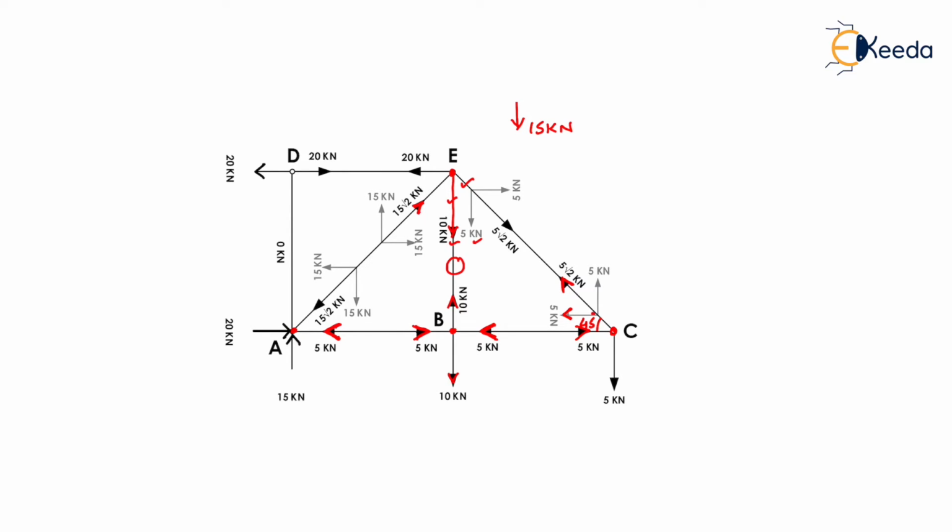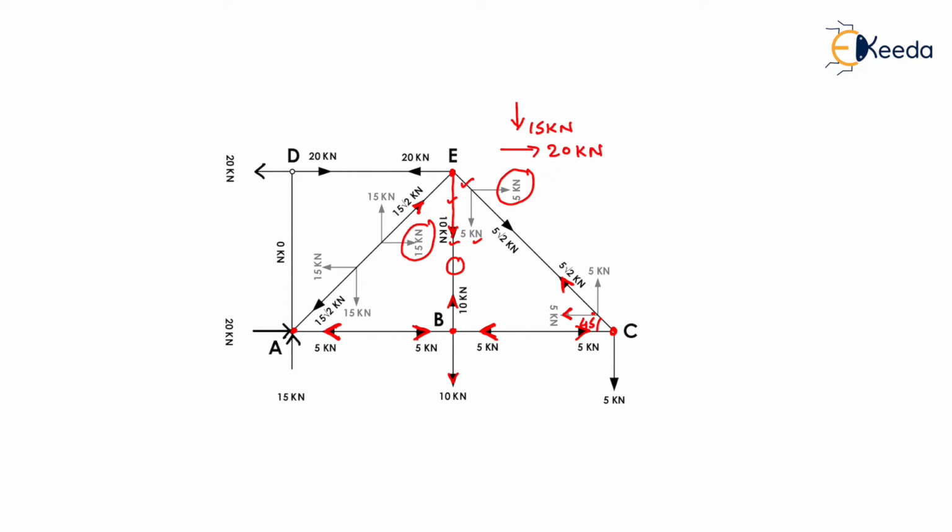The force in the inclined member AE is 15 root 2. Now due to the horizontal component of the inclined member AE of 15 kilonewton as well as the horizontal component of the inclined member EC of 5 kilonewton, the net horizontal force acting at joint E will be 20 kilonewton in the rightward direction.